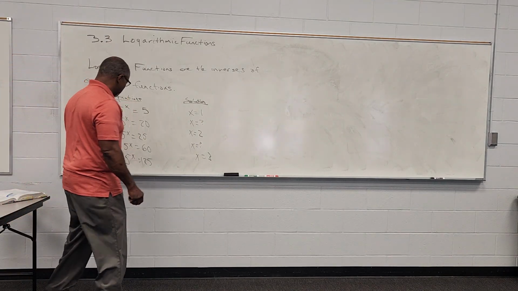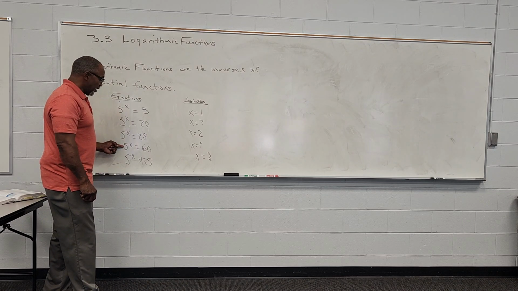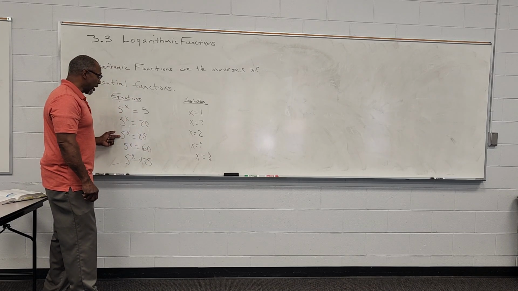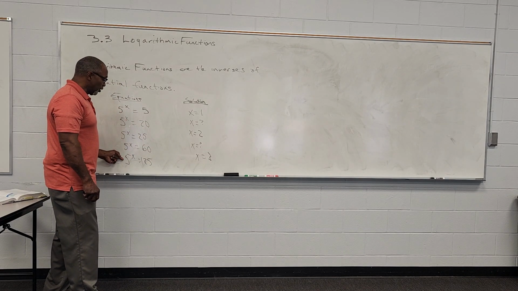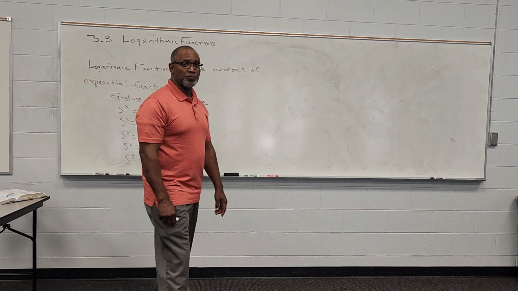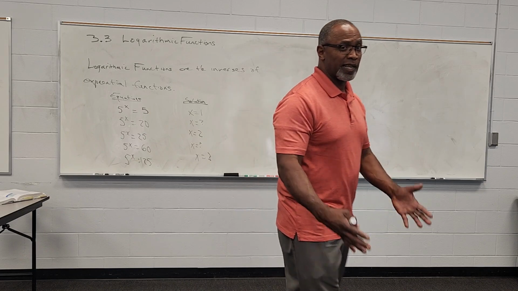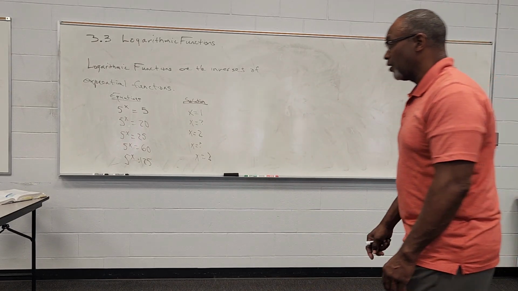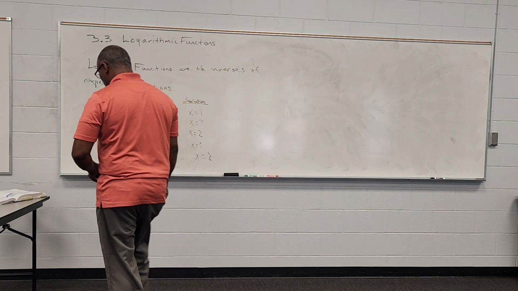Same thing with 5 to the x equals 60: I don't know what x is, but it has to be between 2 and 3, since 5 squared is 25 and 5 cubed is 125. We don't know exactly what it is yet, but it has to lie between 2 and 3.